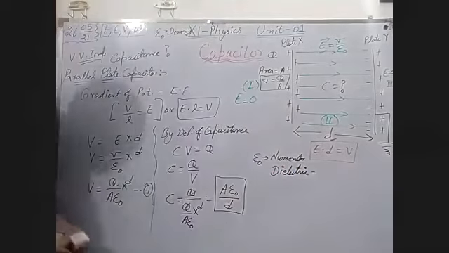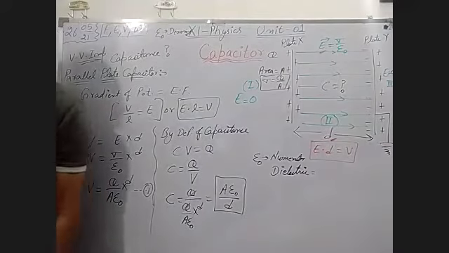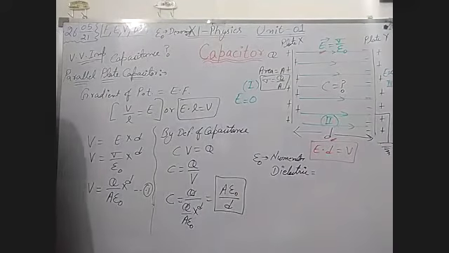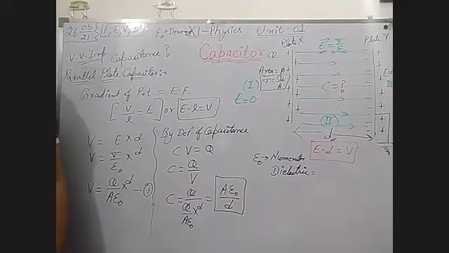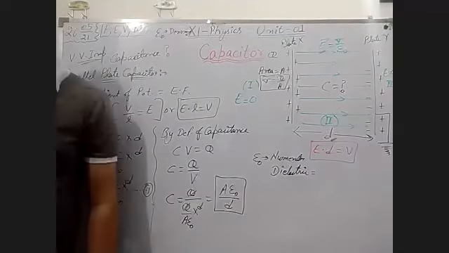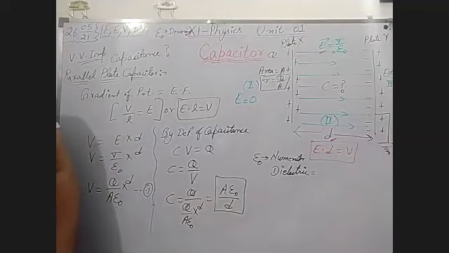Dielectric is the medium like water. Water has dielectric value 80. Mica, glass, you can take 6 to 10 value. All the mediums have some values. Vacuum has the value of K as 1.